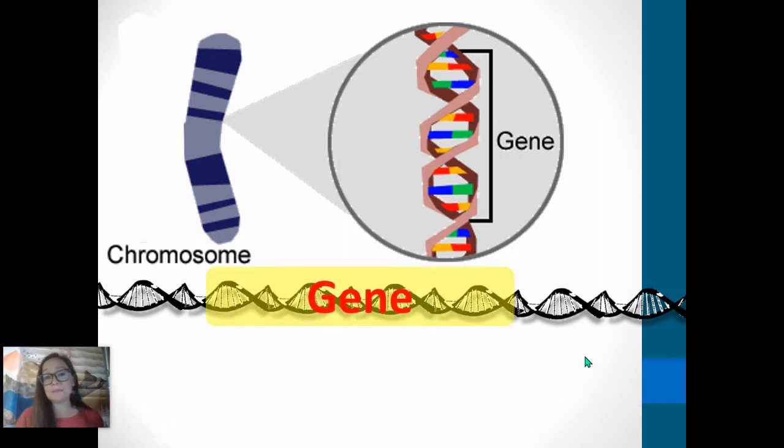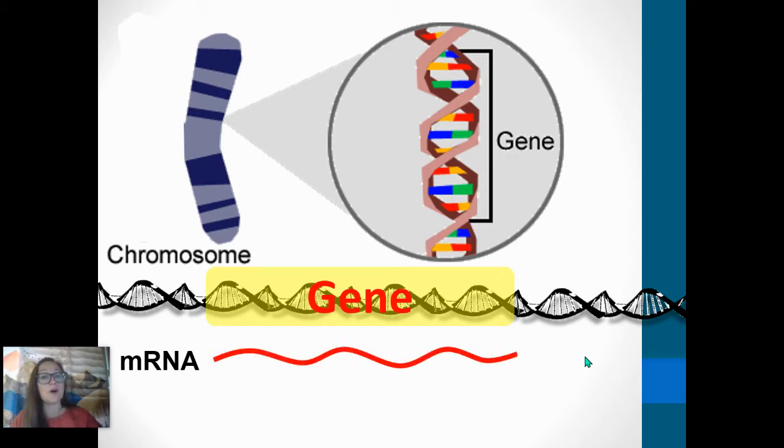So in our two steps, we're going to look at how you start with a gene in DNA, which is our directions for how to make a protein. And because our DNA is so important to keep intact, we don't use our DNA to make proteins directly, but rather we're going to make a copy of it so our DNA stays safe, and we copy that DNA into what's called RNA.